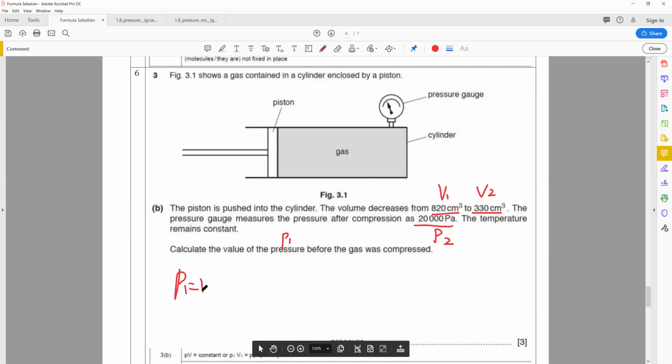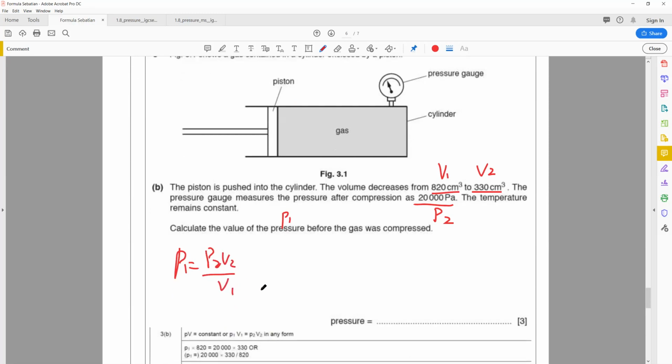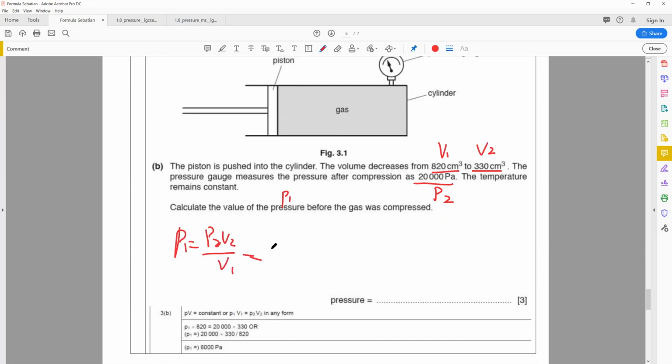So P1 equals P2 V2 divided by V1 here. Put everything into the calculator: 330 times 20,000 divided by 820.